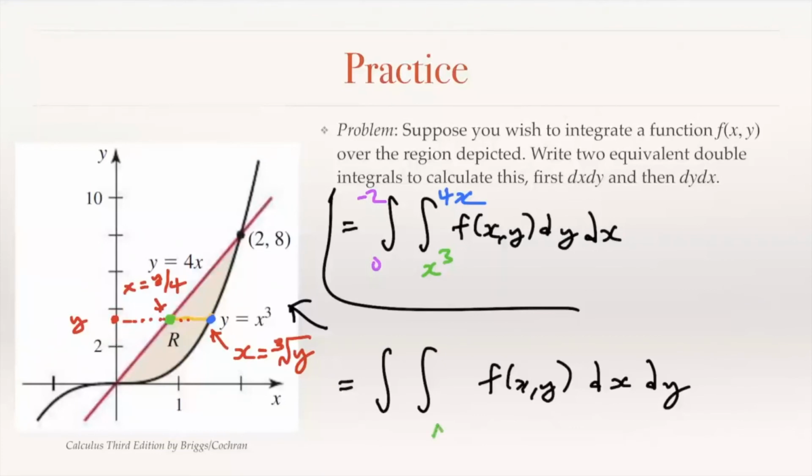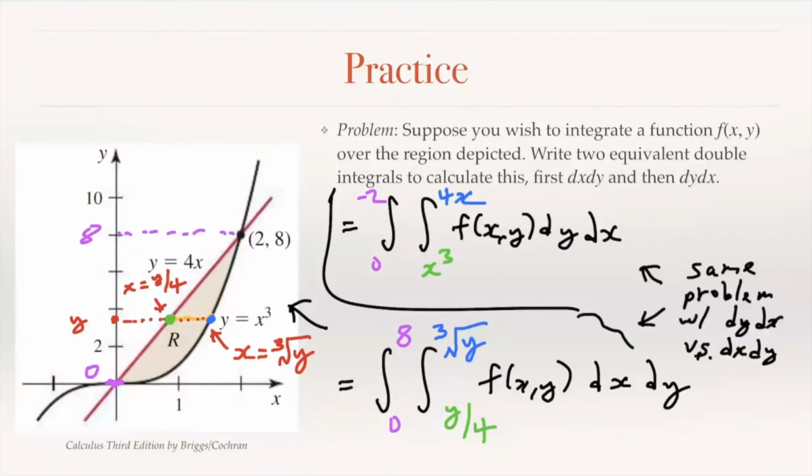Okay, so we would be integrating from y over 4 up to the cube root of y. And then we're adding together all of those little volumetric slices between y equals 0 and y equals 8.